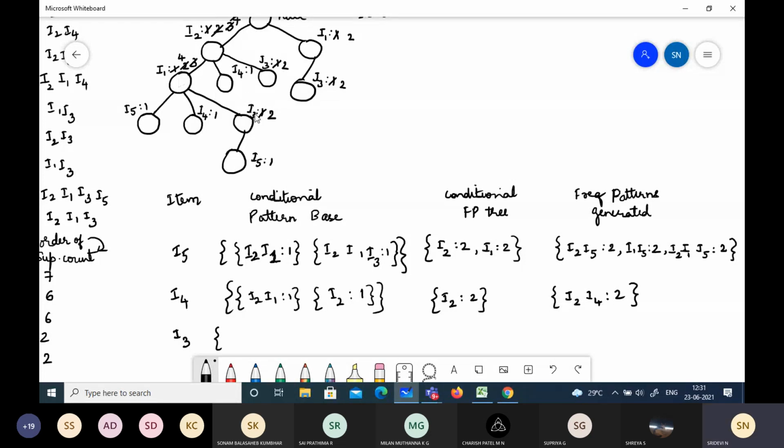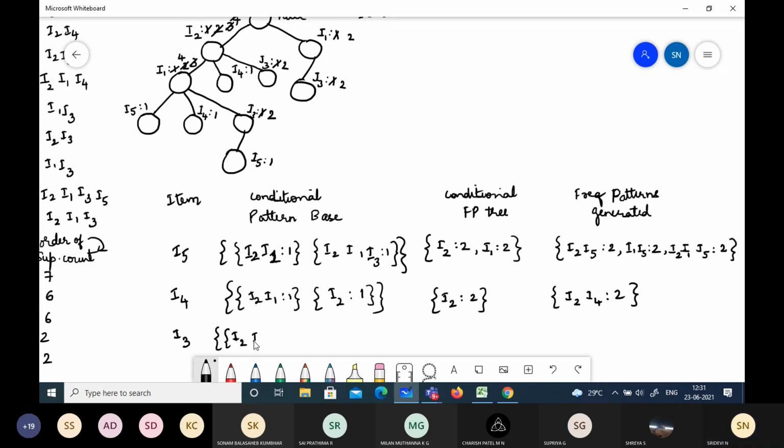Oh yeah, here we have I3. So we can take I2, I1, I3, and the count is 2. Isn't it? So we'll take I2, I1, count 2. Yes, we'll take it.